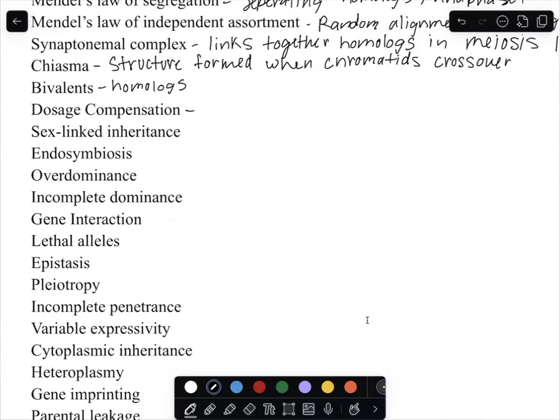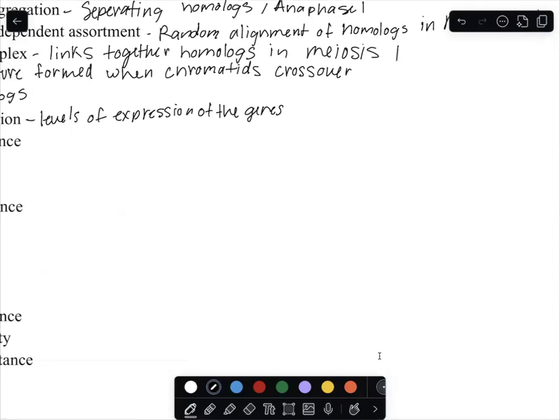Okay, dosage compensation is when the levels of expression of genes on the sex chromosomes are inactivated. Levels of expression of genes, and this is specifically on the sex chromosomes.